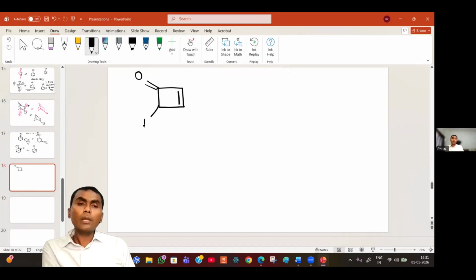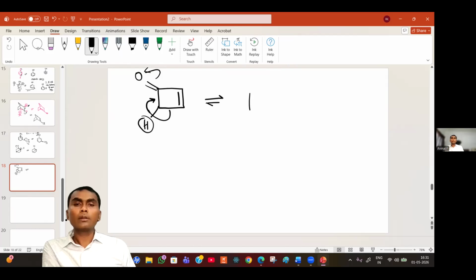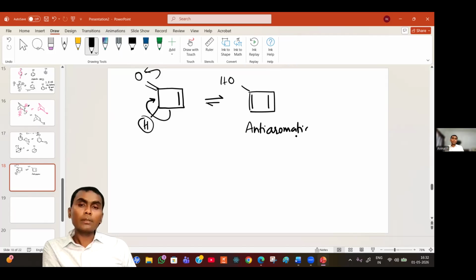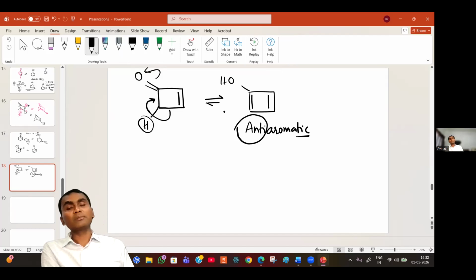This hydrogen is also tautomerizable hydrogen, but this goes this side, and this one goes this way, double bond, double. This one is anti-aromatic. Equilibrium will not shift this side because this anti-aromatic makes it very unstable.